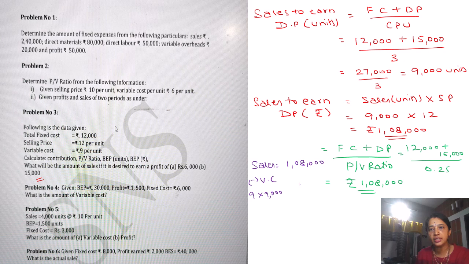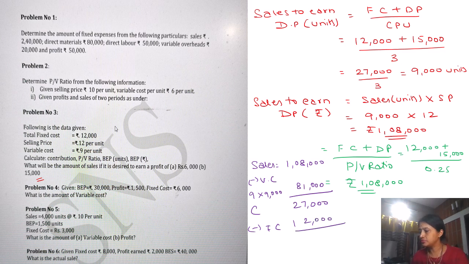So 81,000. 1,08,000 minus 81,000, you get 27,000. 27,000 is the contribution, less fixed cost given in the question, 12,000. So you get a profit of 15,000. This is verification.